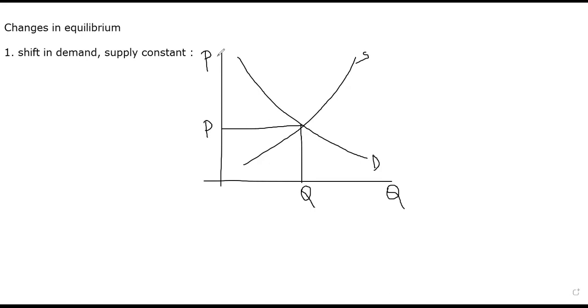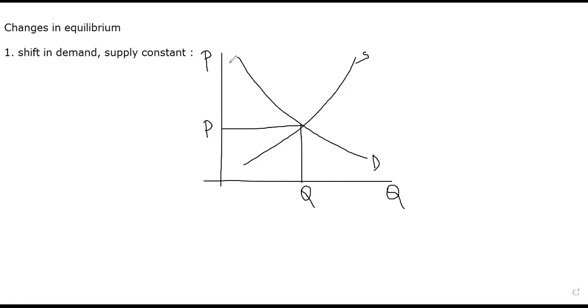Price of complementary goods fell. To which direction will the demand curve of this commodity move? Price of complementary good fell. To which direction will the demand curve of this commodity shift? Left side. Yeah, left, right?